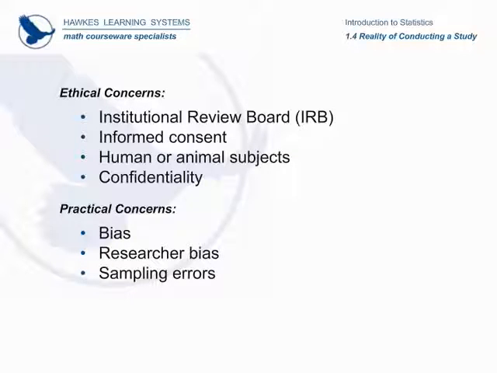There's also sampling errors, and that's where it's possible to make an error when you take a sample from the population. There's also non-sampling errors, and that can consist of things such as typos or miscounts.